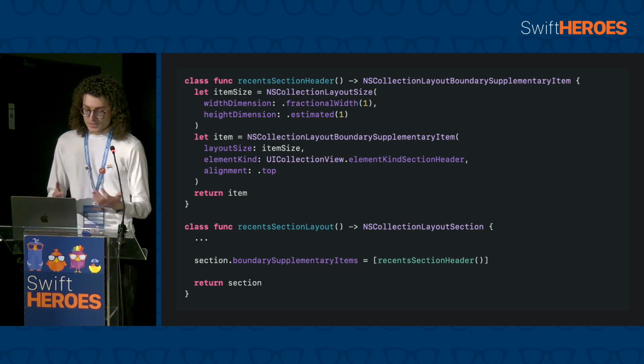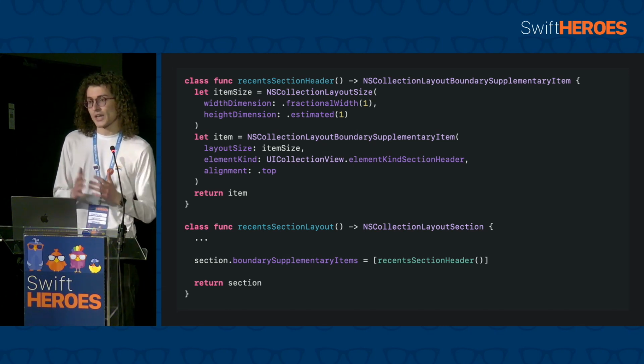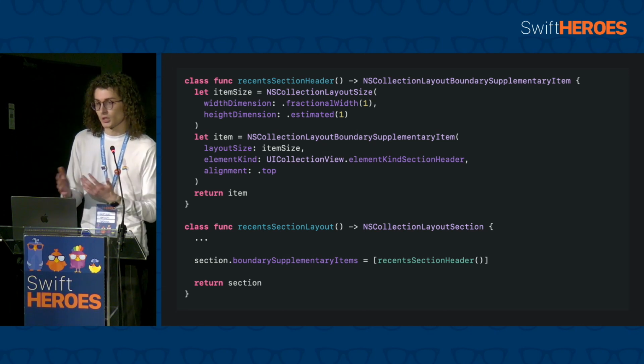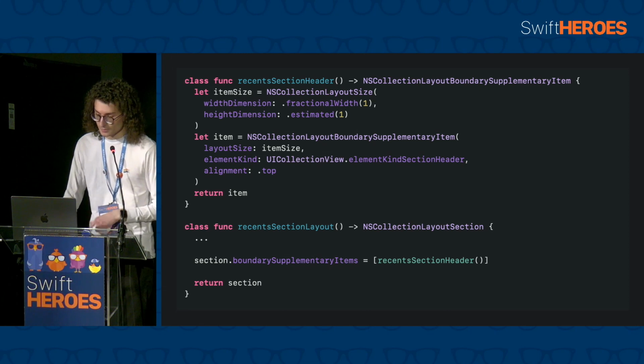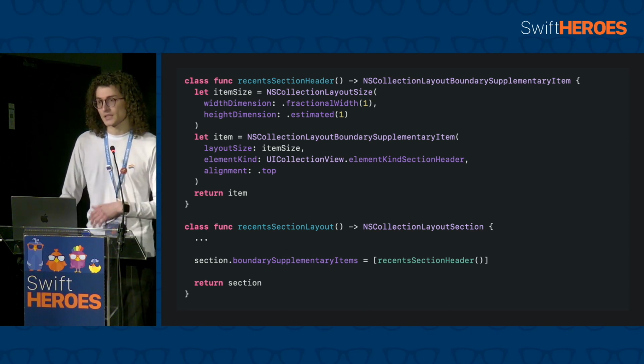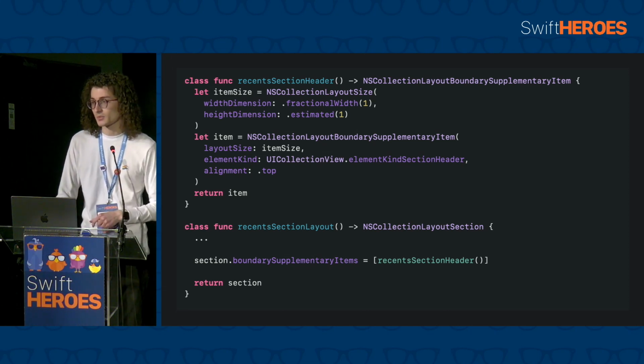And with this alignment, we're specifying on which edge of our section we should attach our item. So in this case, we're using the top alignment. Then we also need to add this item to the boundary supplementary items of our section.